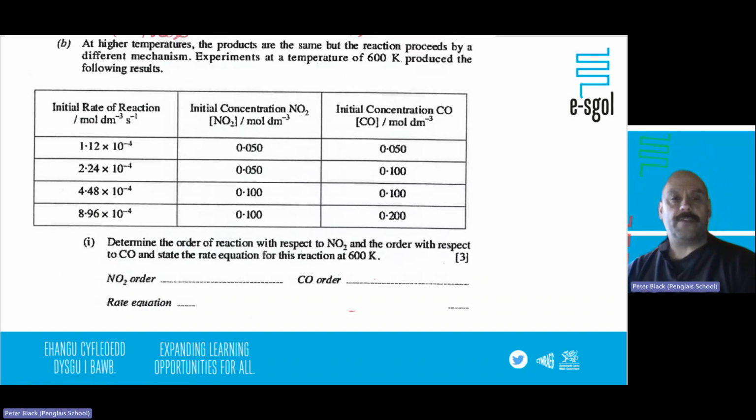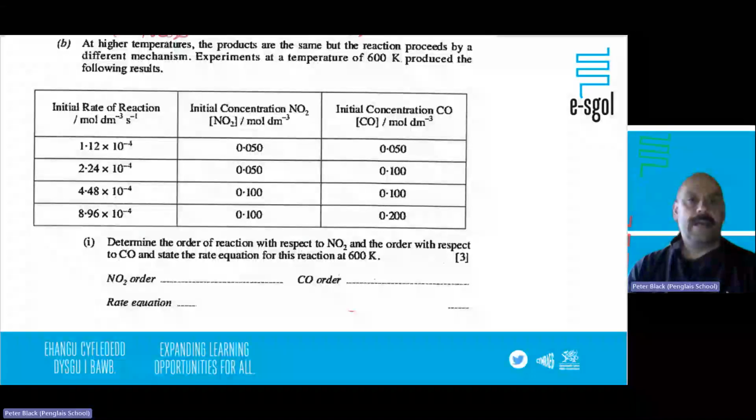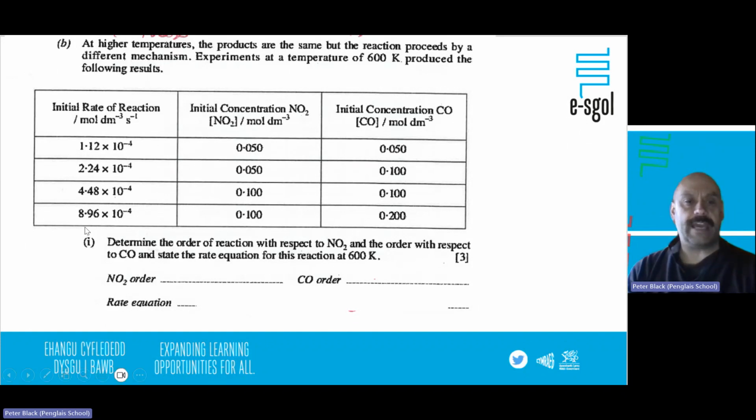And then just very quickly, we've got some rate data here. It says determine the order with respect to the NO2 and the order with respect to the carbon monoxide, and then state the rate equation for this reaction at 600 K. So using our rate data, who's best to look for? Go straight for the carbon monoxide here.